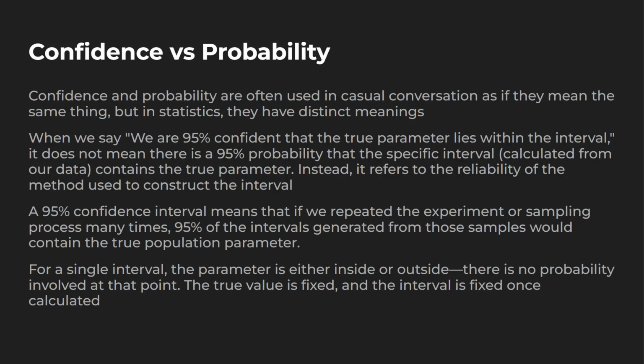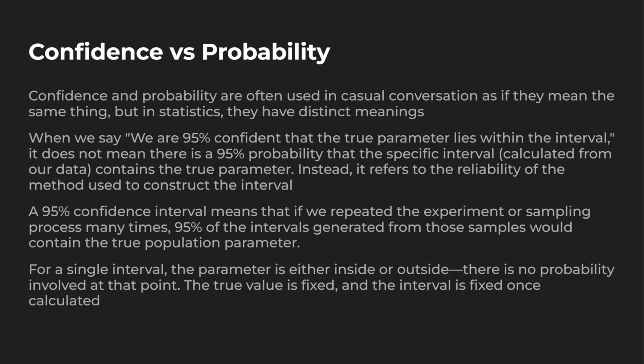But first, let's talk about confidence versus probability. Confidence and probability are often used in casual conversation as if they mean the same thing, but in statistics, they have different meanings. When we say we're 95% confident that the true parameter lies within the interval, it does not mean that there's a 95% probability that the specific interval calculated from our data contains the true parameter.